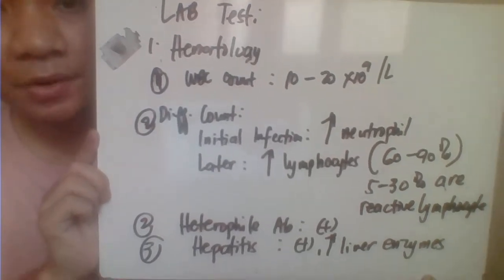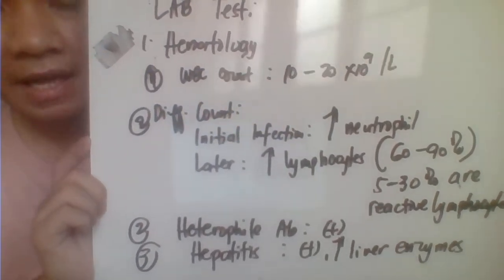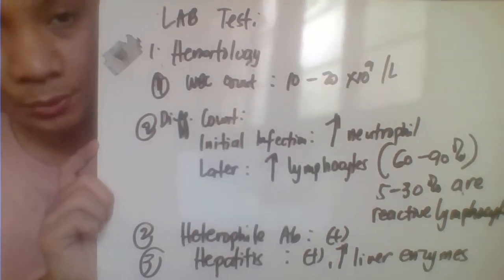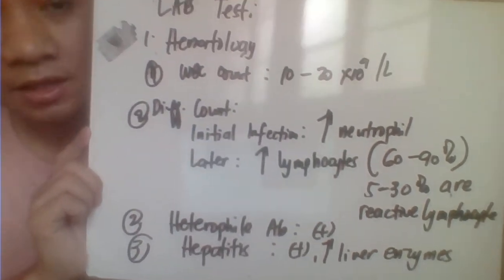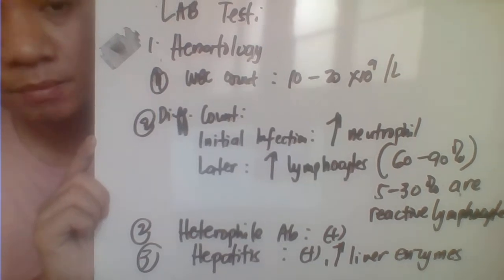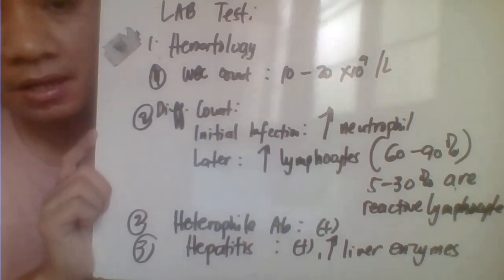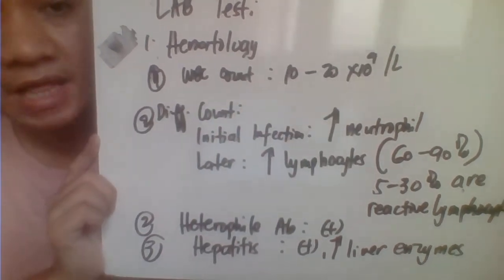Okay, we have here the laboratory tests for Epstein-Barr virus infection. In hematology, we have leukocytosis, so that's a 10 to 20,000 increased WBC count. The differential count in early infection is characterized by neutrophilia.